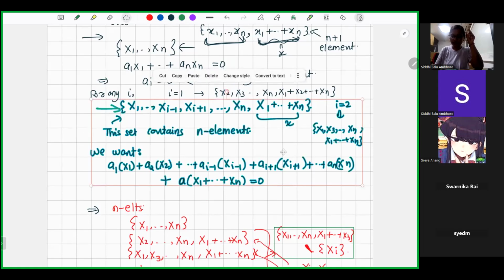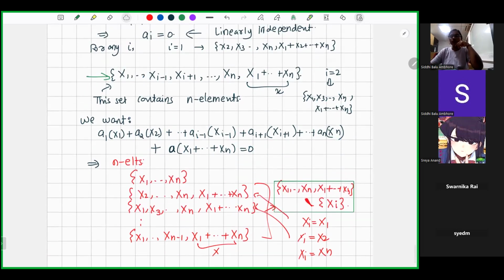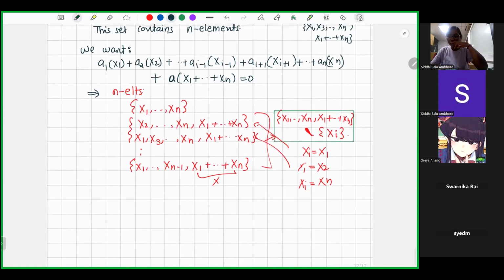Yeah, that's fine. Any combination of n elements should be independent, yes. So we are choosing n elements, which basically says that the other n plus 1 element could be one of the existing ones. So we want, if this is 0, then a1 to an and a must be 0.